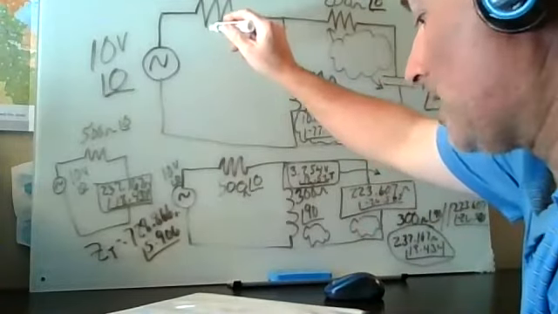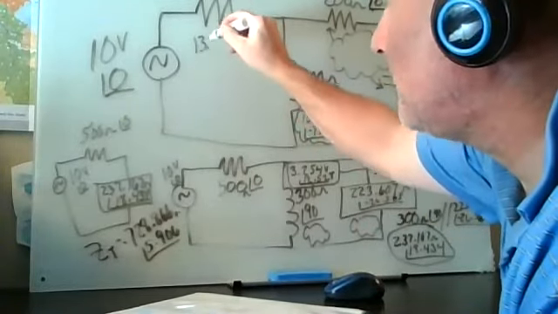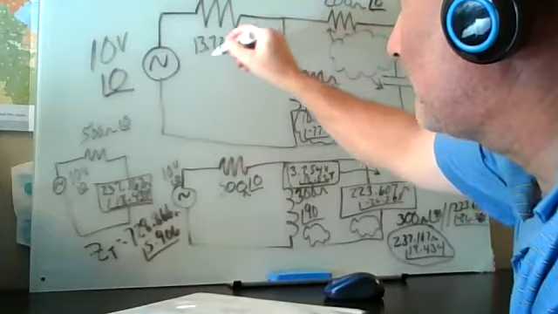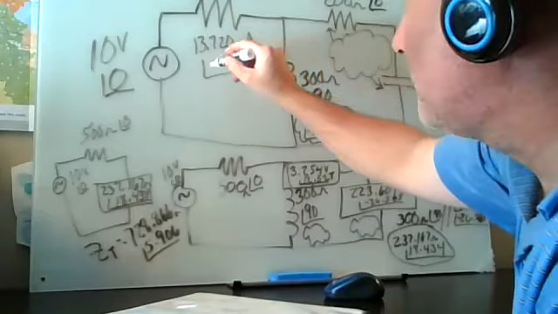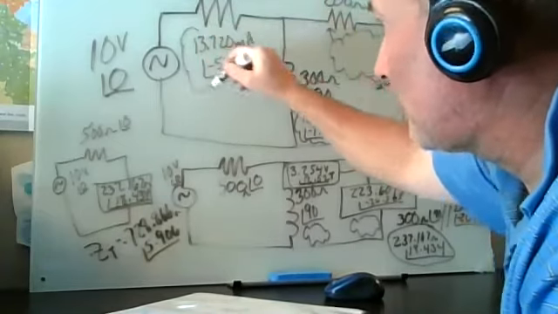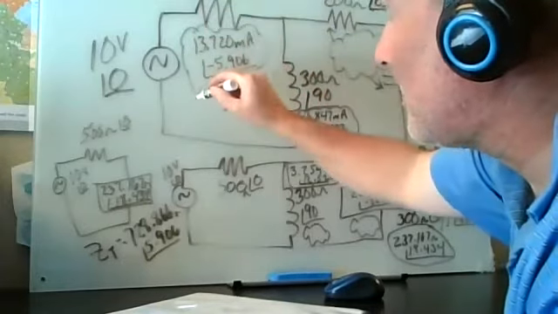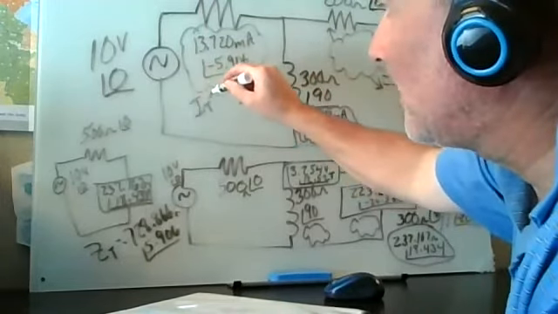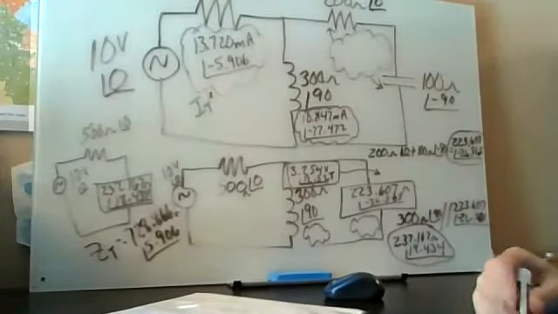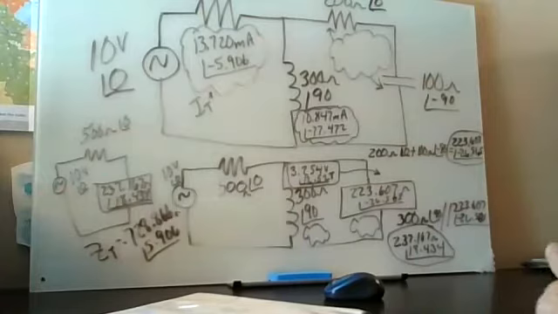This current was my I total, which came out to 13.720 milliamps at an angle of negative 5.906. So that was also my I total. Makes sense, right? Because I is coming up this way. It's going to go through, everything's going to go through my resistor.